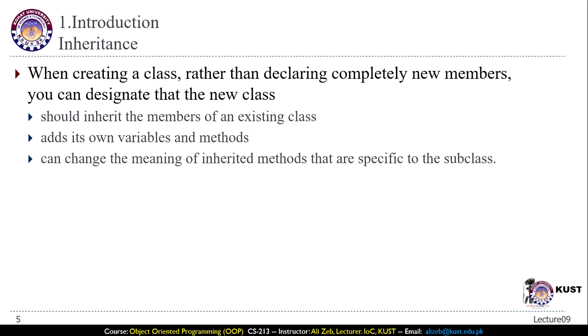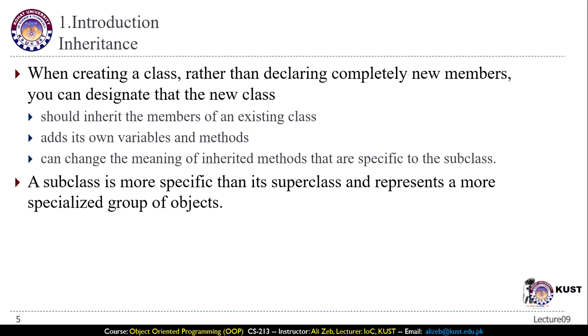And this is something we'll look into in detail when we study method overriding. But the subclass can change the meaning of the inherited methods that are specific to the subclass. For example, there are methods in the superclass that are inherited by the subclass and needed by it. The subclass can redefine those methods within the subclass.